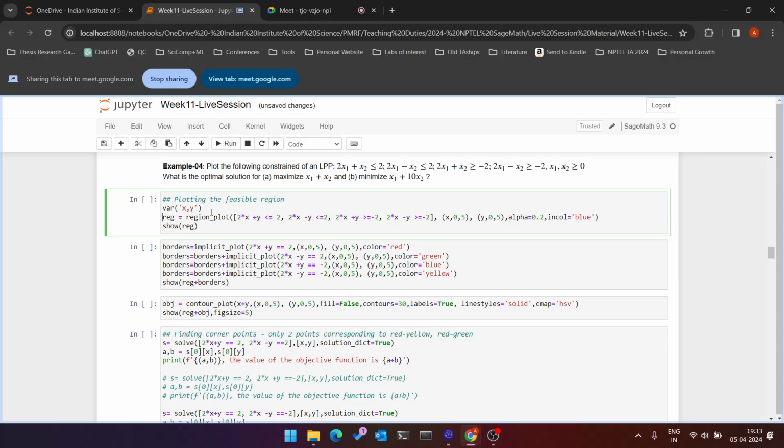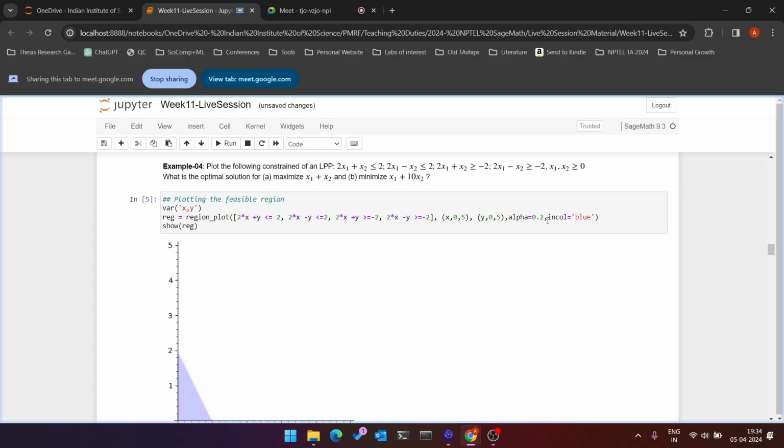As is a good idea, we specify the variables as x comma y, and plot a region plot by specifying all our constraints one after another, and bounding x and y to be on the non-negative side, which is what our constraints say. So if I run this, I get this as my plot.